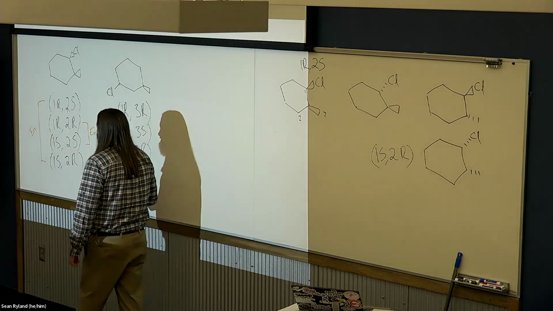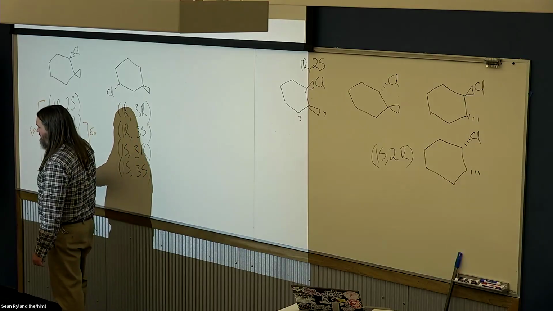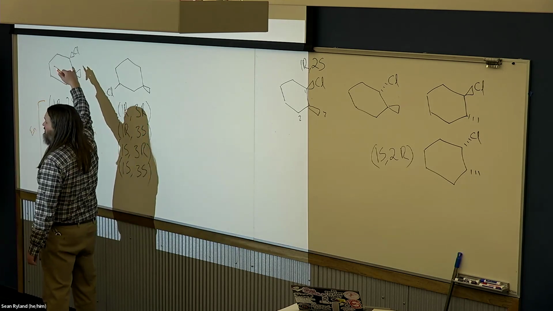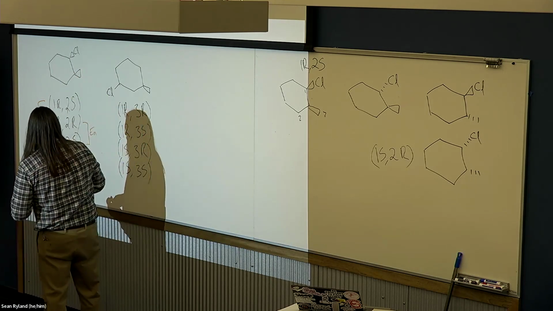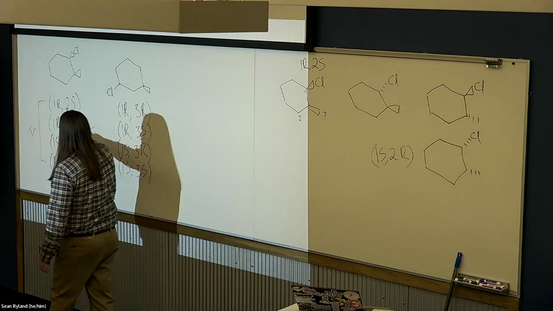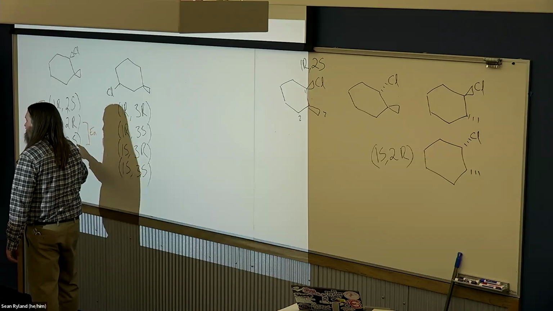The 1R2S is the enantiomer of 1S2R. They're both going to be cis, but they're reflections of each other. And then 1R2R is the enantiomer of 1S2S because we flipped both stereocenters.